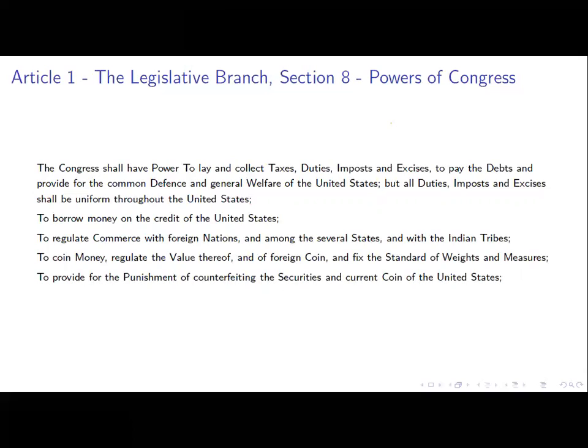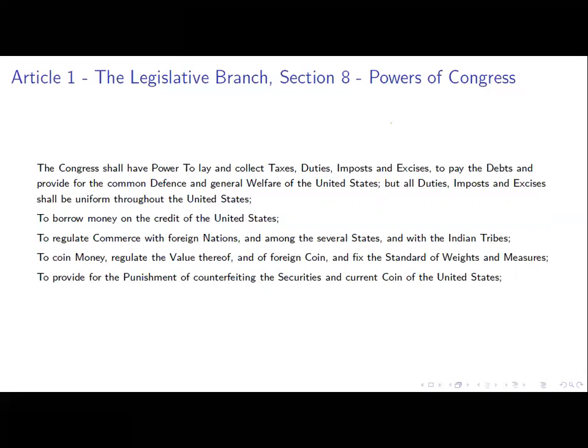Congress shall have the power to lay and collect taxes, duties, imposts, and excises, to pay the debts and provide, again, we see this phrase, common defense and general welfare. But all duties, imposts, and excises have to be uniform across the United States. You can't charge different groups of the United States different taxes.